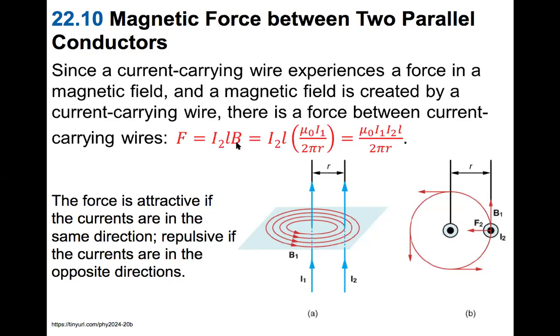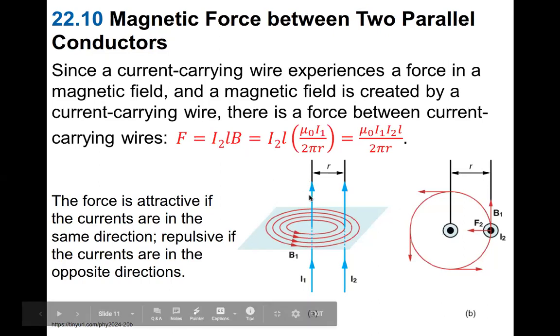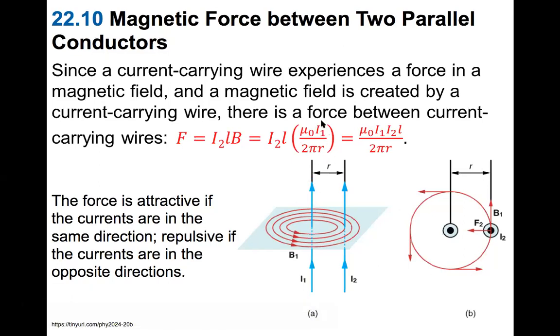Now B in this case is produced by the first wire, which carries current I1. The B field will be equal to mu naught I1 divided by 2 pi R, where R is the separation of the two wires.